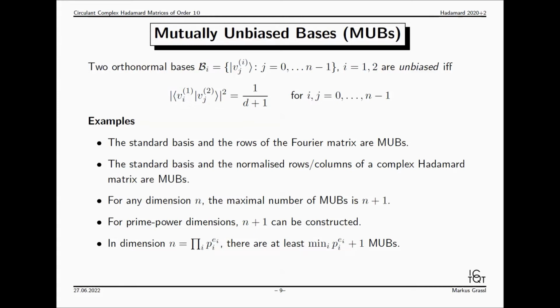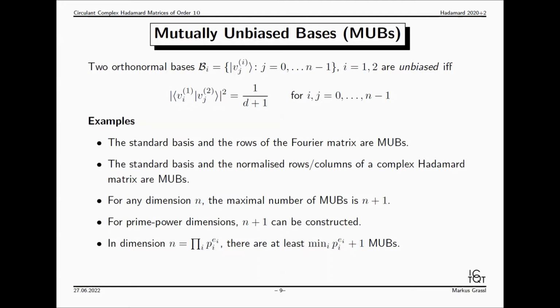There is one construction known to me by Wocjan and Beth, which uses mutually orthogonal Latin squares, which is able to beat this lower bound, but it has to be a dimension that contains a square factor. And the smallest example I can commit to memory is 26 squared.